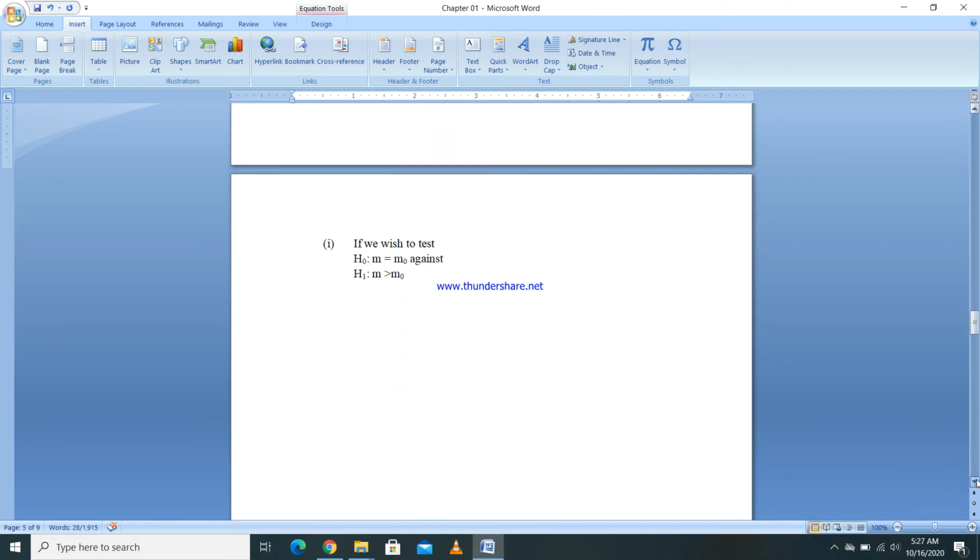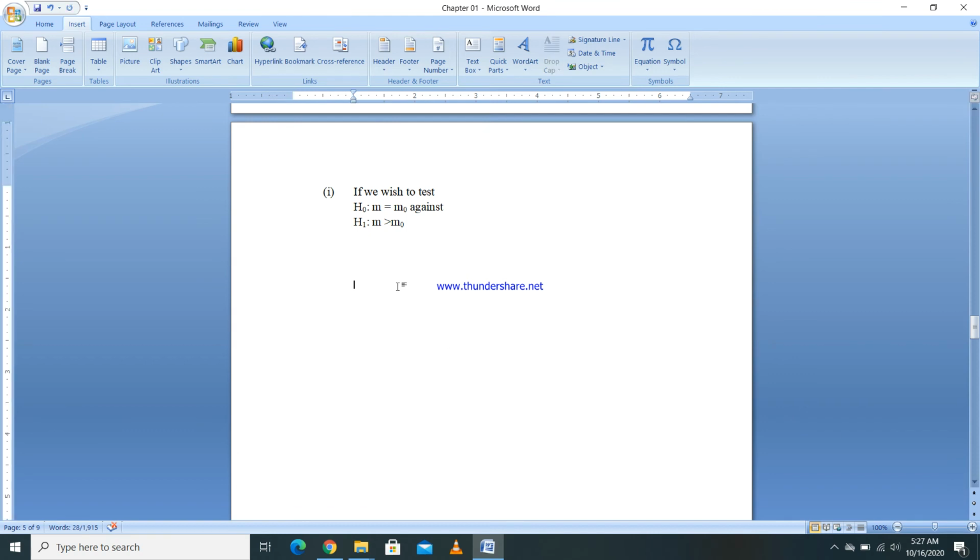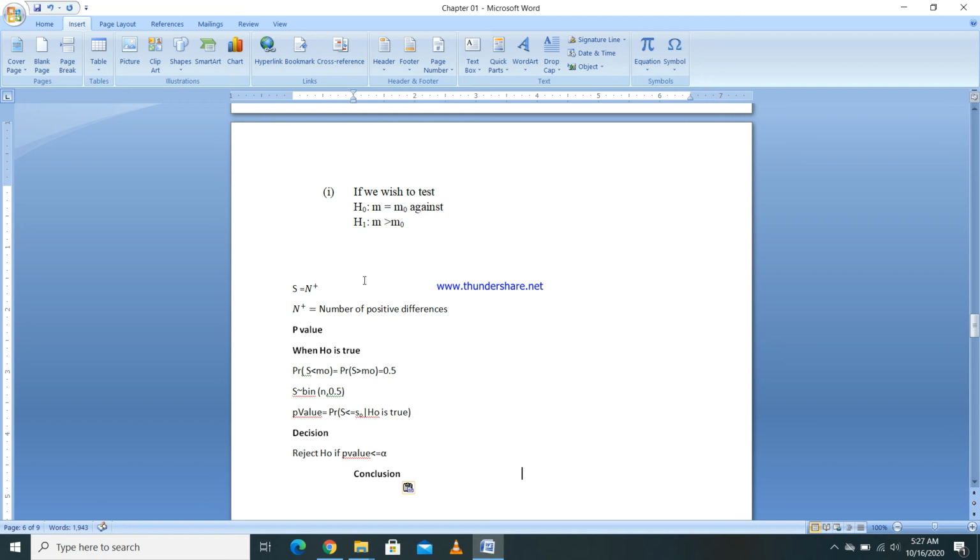If you're going to test this alternative, that is if your H1 is m greater than m naught, I'll paste these things here.